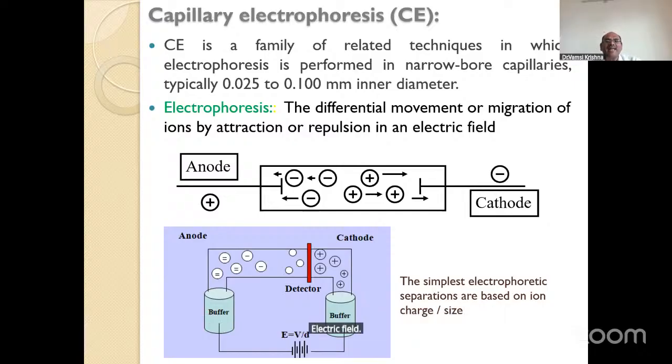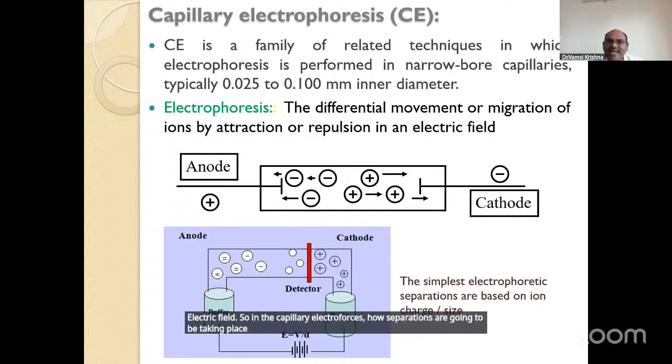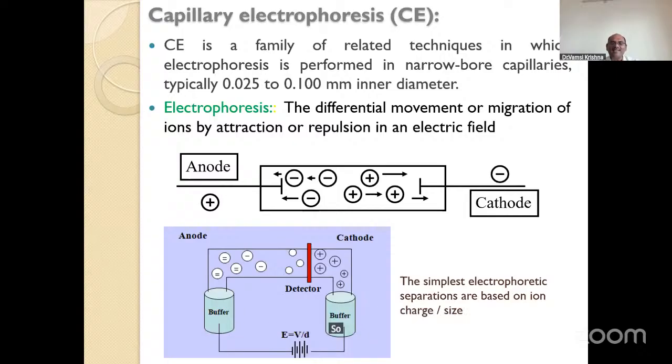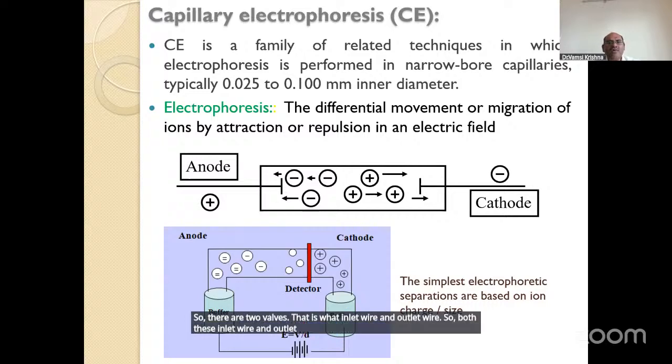So, in capillary electrophoresis, how does separation take place? If you see the capillary electrophoresis basic instrumental setup in the figure, there are two vials that we name as buffer and buffer, an inlet vial and an outlet vial. Both the inlet and outlet vials we fill with buffer, which is called the background electrolyte.